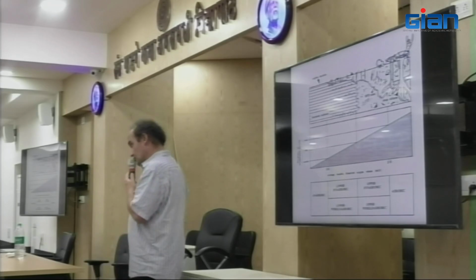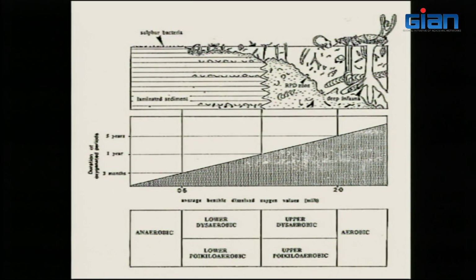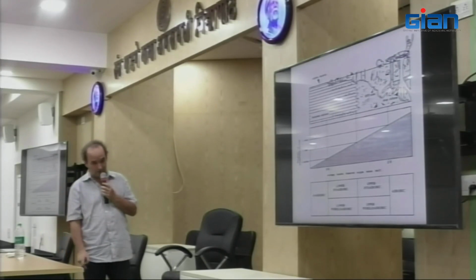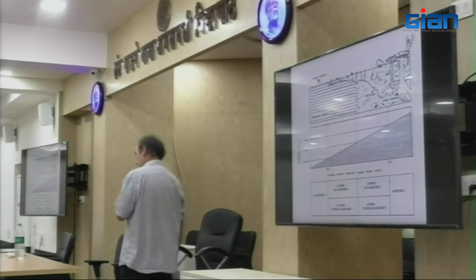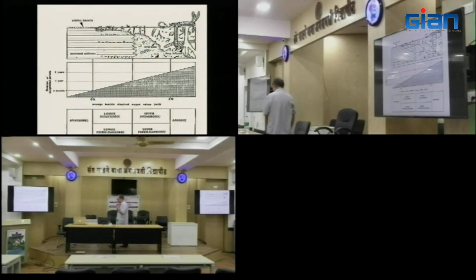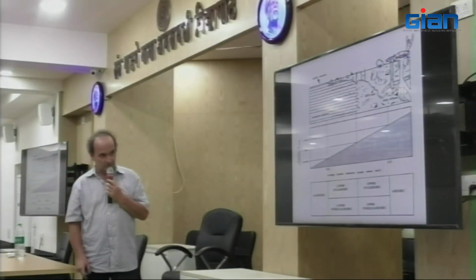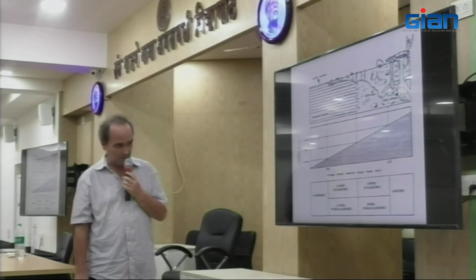Well, if you go to the field, because you are a geologist, you have to look at the rocks, and you have many ways to evaluate this kind of oxygenation level. And it's especially, as I said before, linked to the intensity of the bioturbation.